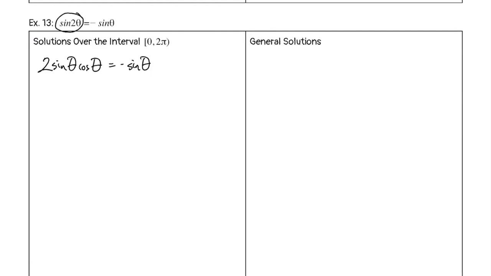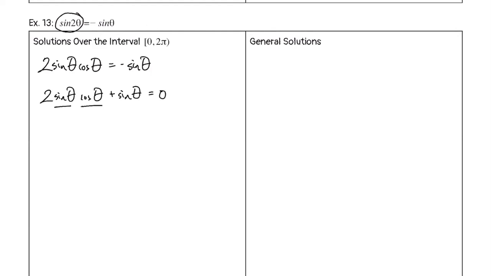So even though this is not a quadratic in the sense that I have like sine squared, it's sort of quadratic in the sense that I have something times something else of the same family of functions, okay?